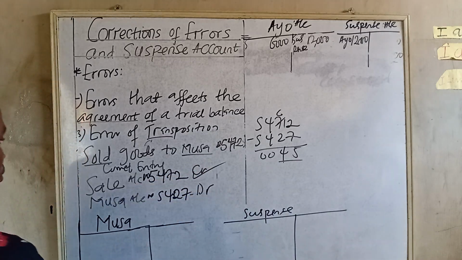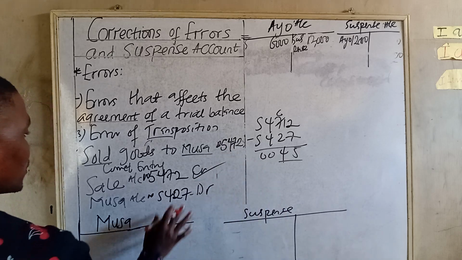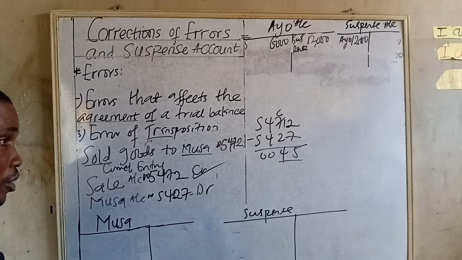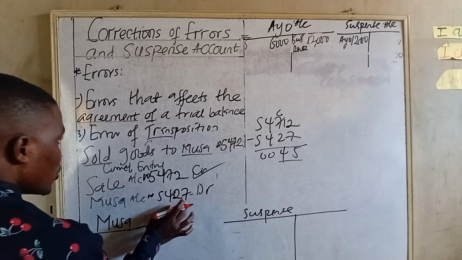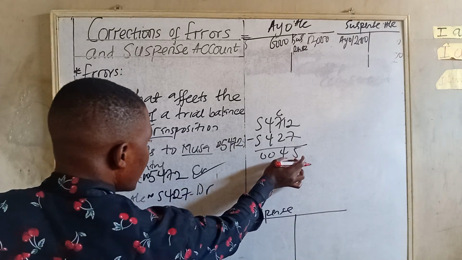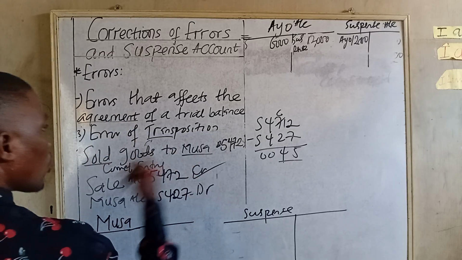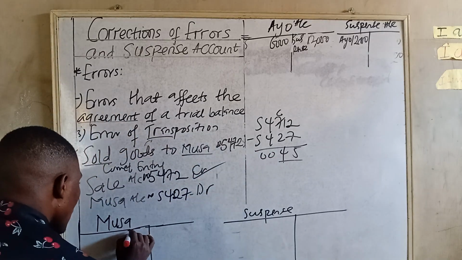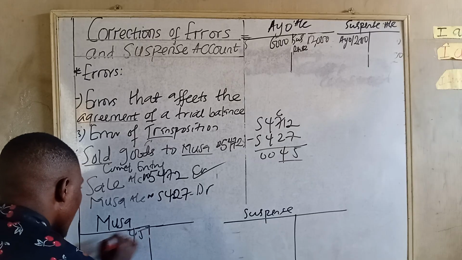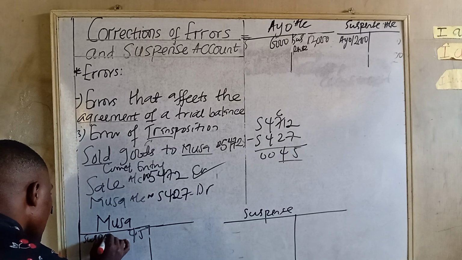Now, since we are debiting, we have already debited Musa with this amount. Are you with me now? We just need to add this difference to make up for the actual money. So we debit Musa with 45 naira and the suspense account.